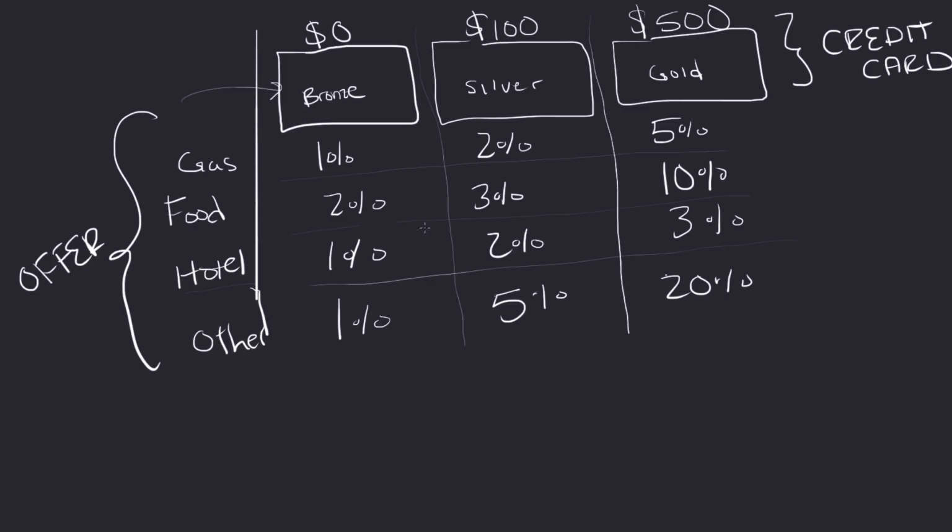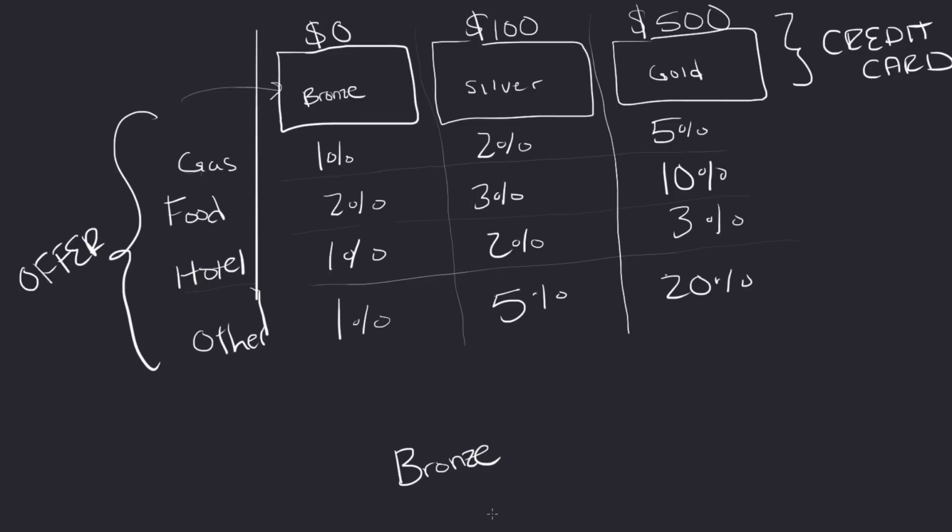So the issue that we saw before is we can create a bunch of credit cards. We can create a bronze credit card class, and we could create a silver credit card class and gold credit card class, all derived from a credit card interface. But the issue is we also have to create an interface for offers and write all of these concrete types.